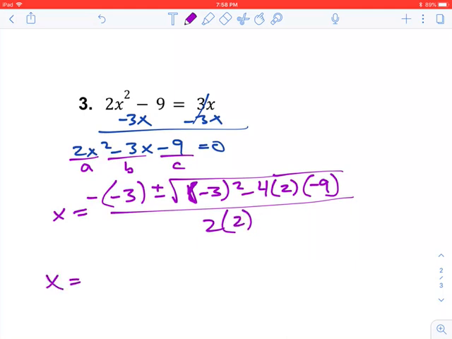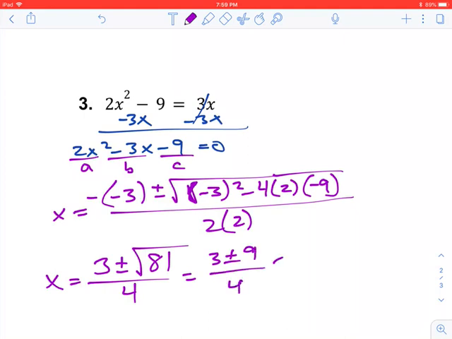Okay, so in this case, negative times negative is positive 3, plus or minus square root of 3 squared is 9, and then that's going to be plus 72, which is 81. And so all that's divided by 2 times 2, which is 4. I know the square root of 81 is 9.